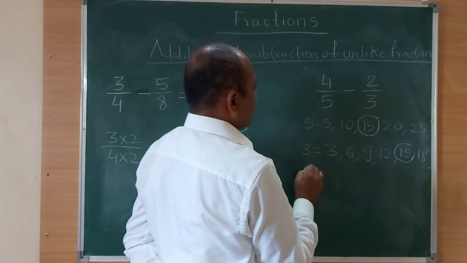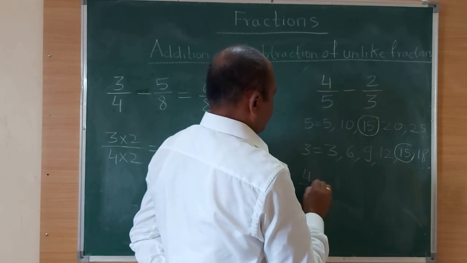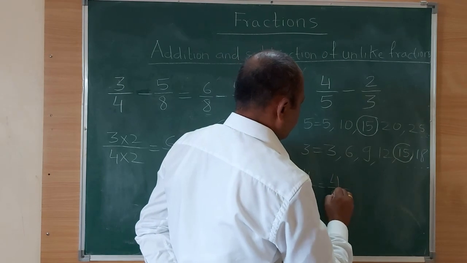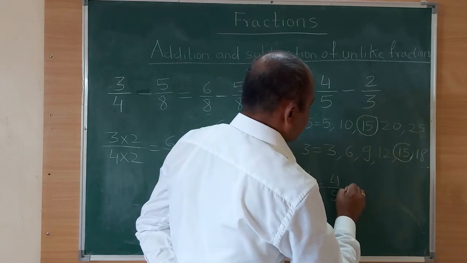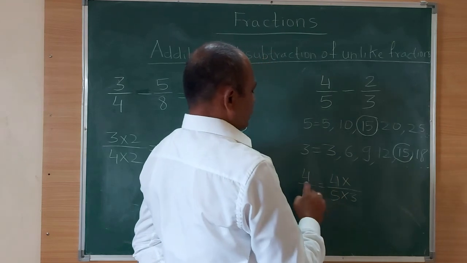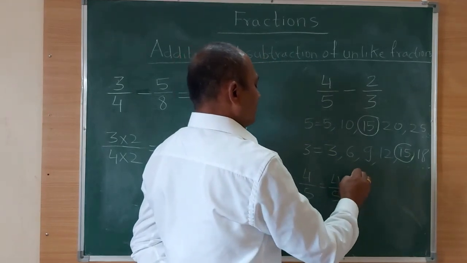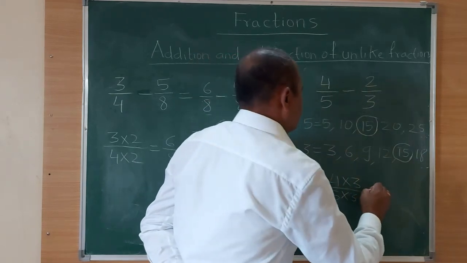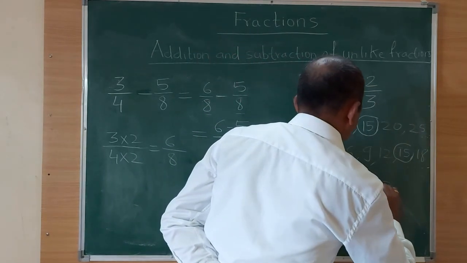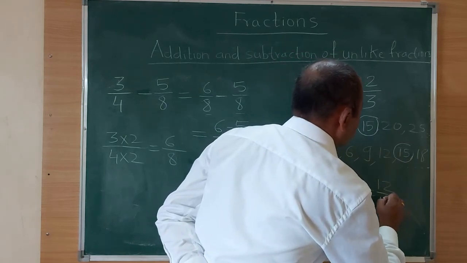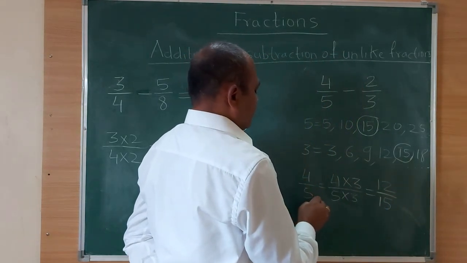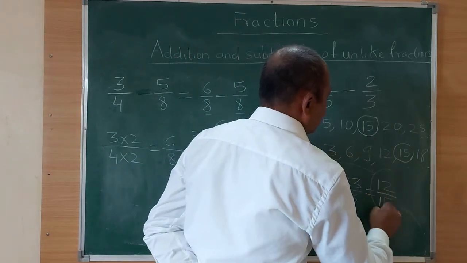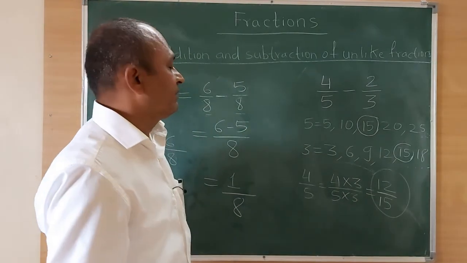So it will go like this. 4 upon 5: 5 should be multiplied by 3, and when I am multiplying the denominator by 3, the numerator also should be multiplied by 3. 4 3s are 12 and 5 3s are 15. So for this 4 upon 5, I got its equivalent, which is 12 upon 15.